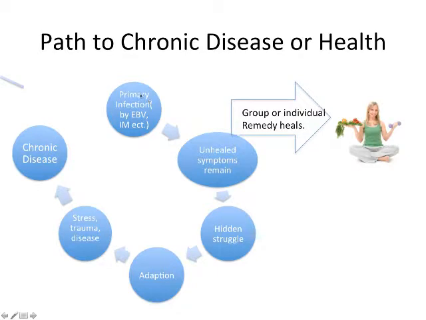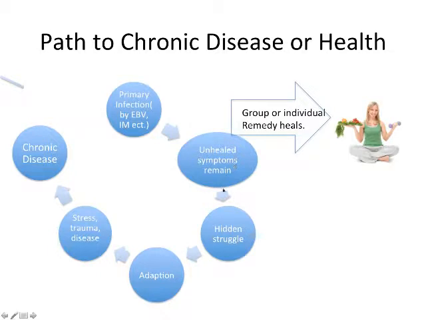So you have a primary infection and the person heals and he's healthy and happy. Okay. The second possibility is there's a primary infection, there's IM or flu or something, and it's not healed.